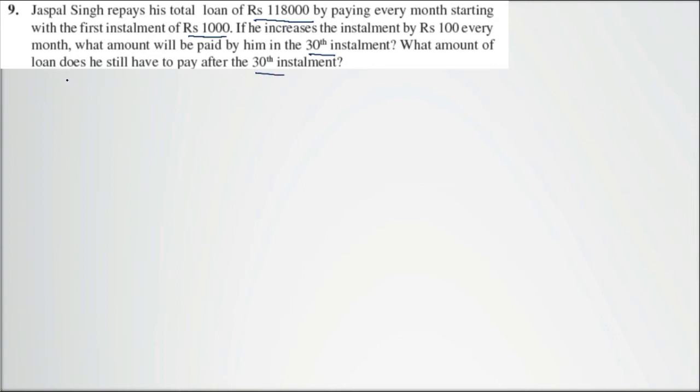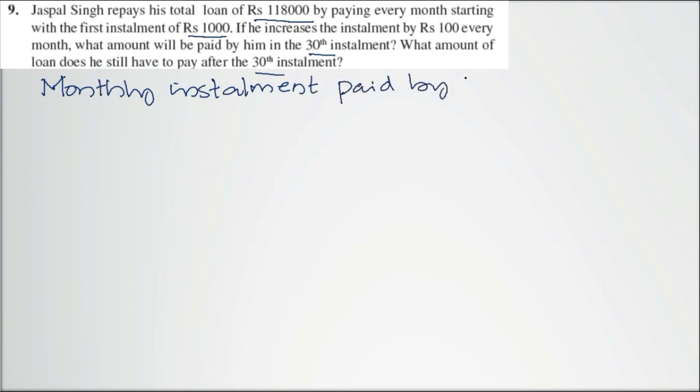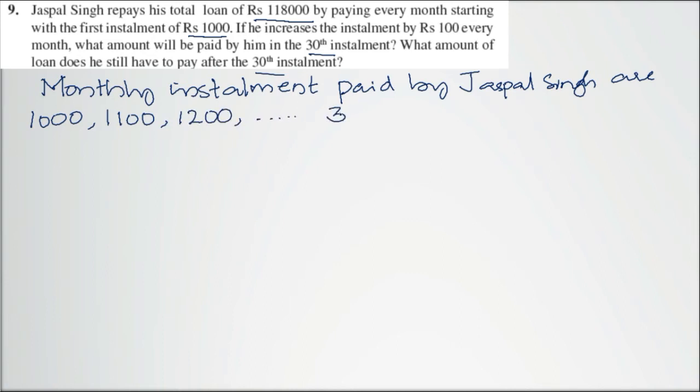So as per the question, monthly installment paid by Jaspal Singh are 1000 in the first month, 1100 for the next, followed by 1200, and he pays till 30 terms.